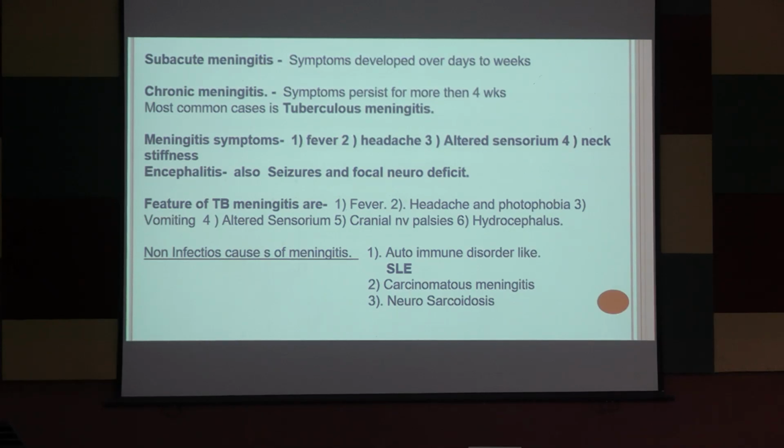Why cranial nerve palsies? Because every cranial nerve has to pierce the meninges to come out of the brain, except the optic nerve. The optic nerve does not pierce the meninges because it goes along with the meninges into the brain.